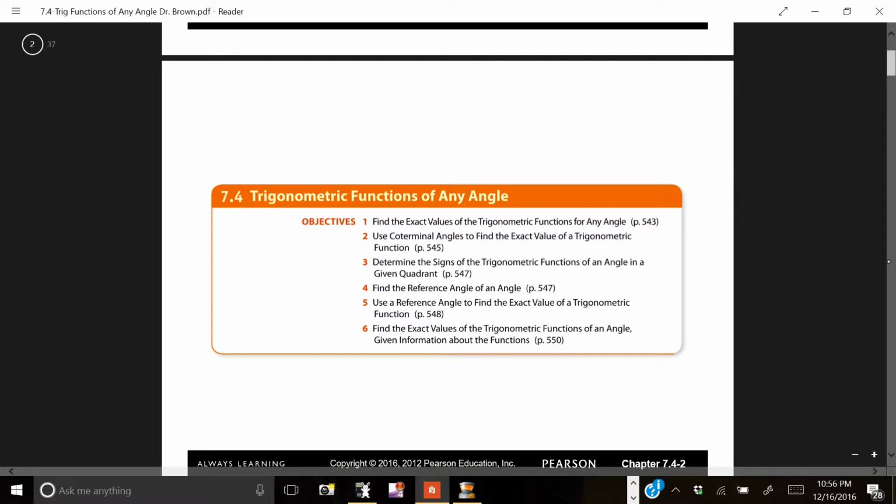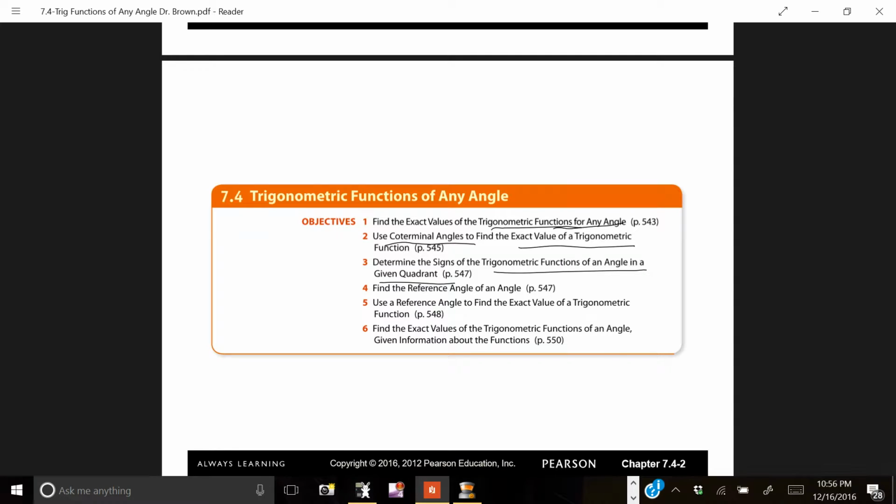In this lesson, we're going to get into finding the exact value of trigonometric functions of any angle. We're going to use coterminal angles to find the exact value of a trig function. We're going to determine the signs of the trig functions of any angle in any given quadrant, whether it's 1, 2, 3, or 4.